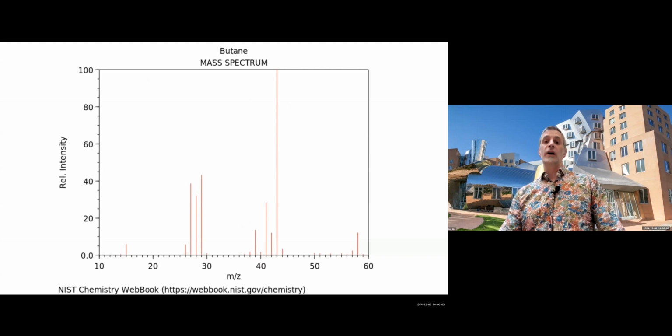And so here, this is just from the NIST website. If you look up what the mass spectrum for butane is, this is what you'd see. You can see that molecule at 58. This is the molecular ion. It's kind of the parent. It's the butane.